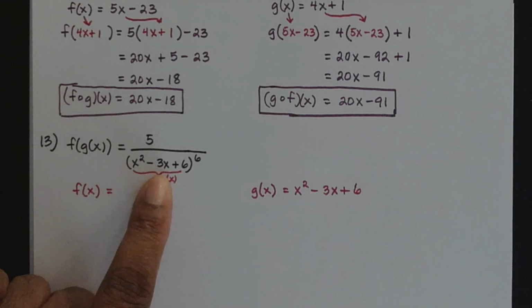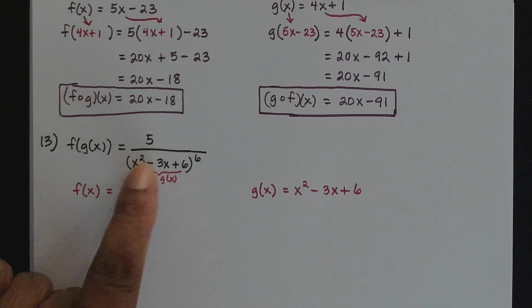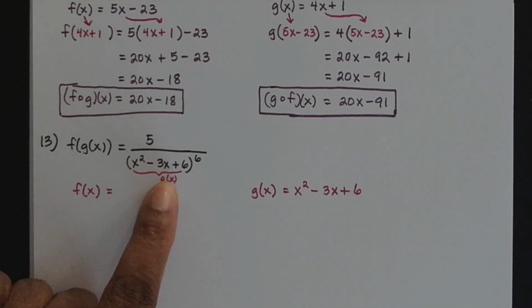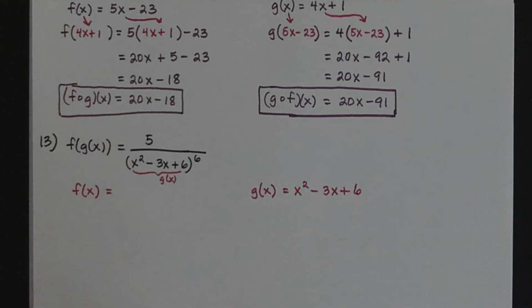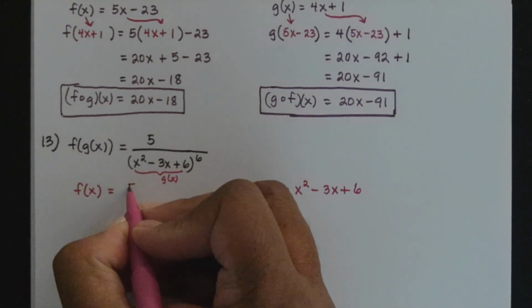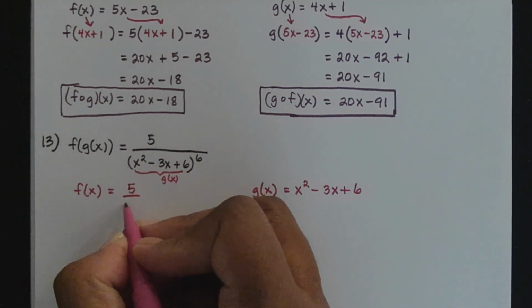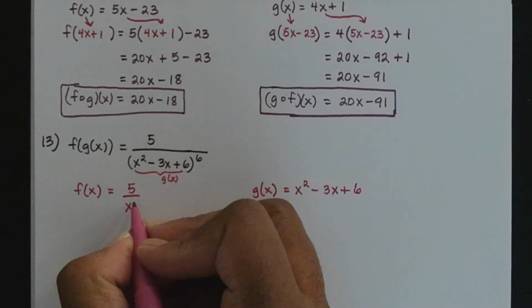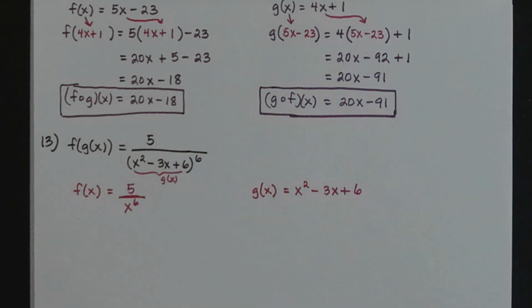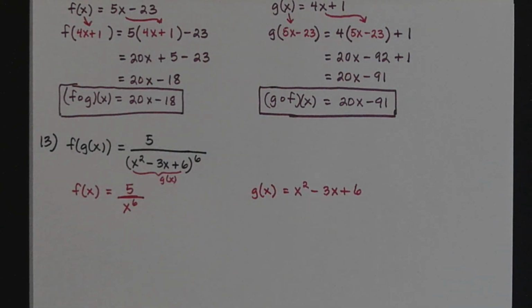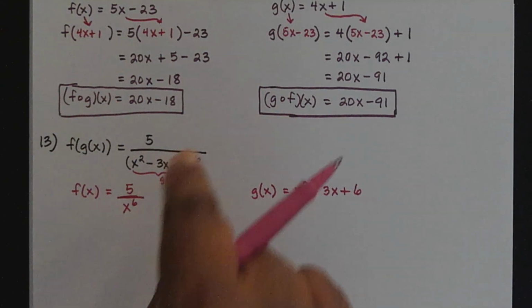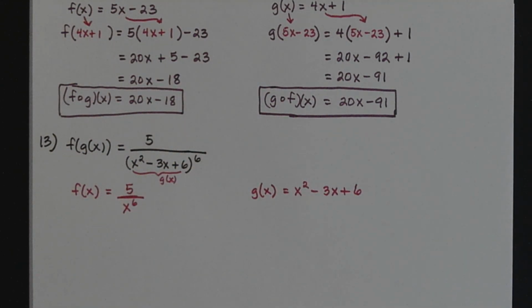Since that x squared minus 3x plus 6 was put in place of x in the f of x function, f of x had to start off as 5 divided by x to the 6. You can check by replacing this x with x squared minus 3x plus 6, and you'll get this back.